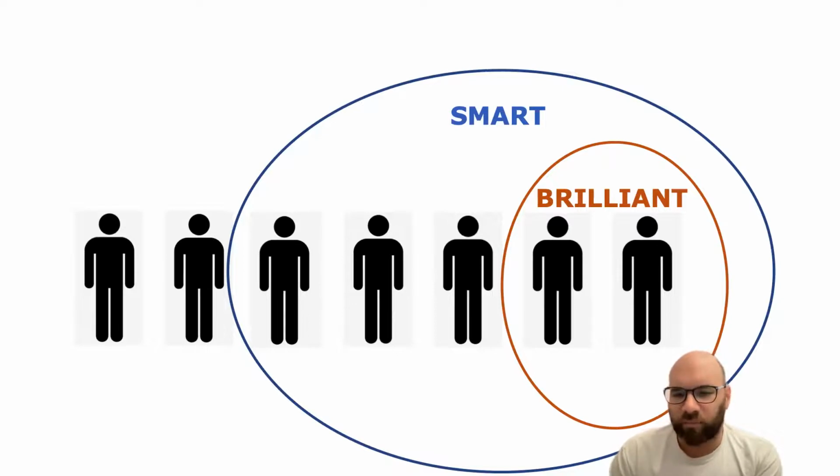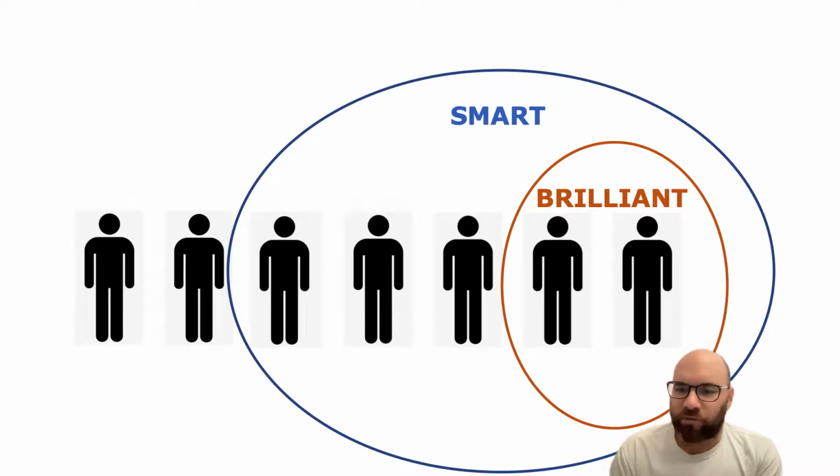So this kind of shows what I mean by entailment. Saying one of my brilliant friends is a stronger alternative than saying one of my smart friends, because it provides more information. It narrows down the set of what I could be saying into a narrower set.